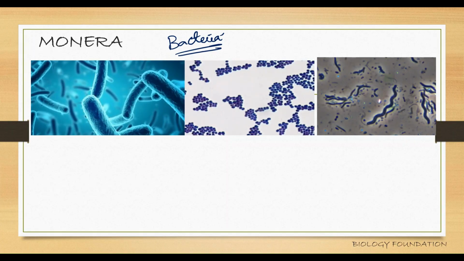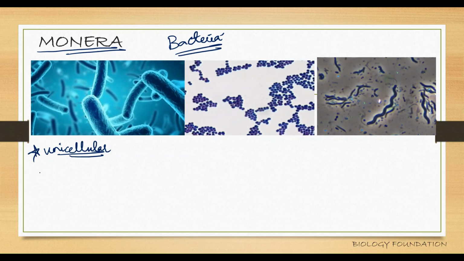No, R.H. Whittaker created a separate kingdom for bacteria, exclusively for bacteria. All the bacteria are placed under the kingdom Monera. Okay, and we all know that bacteria are unicellular. That means a single cell is present in these organisms, and the single cell itself performs all the functions that is required for the survival of the organism.